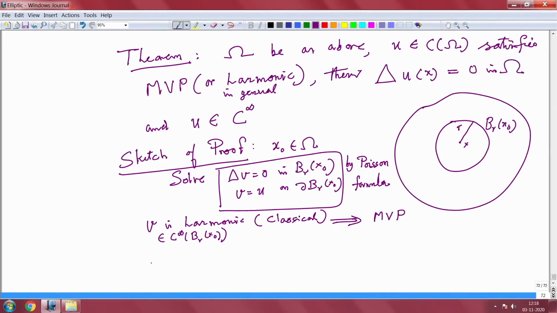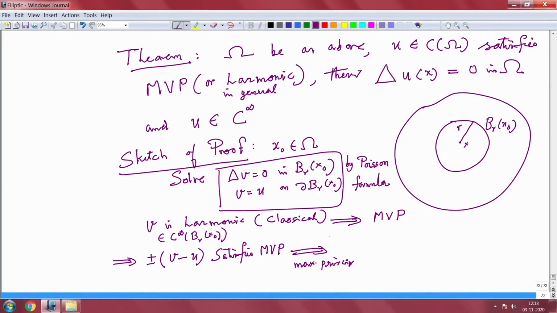So that implies v minus u, or plus or minus, both you can apply, v minus u satisfies the mean value property. Now apply the maximum principle. That is what we just now proved there.